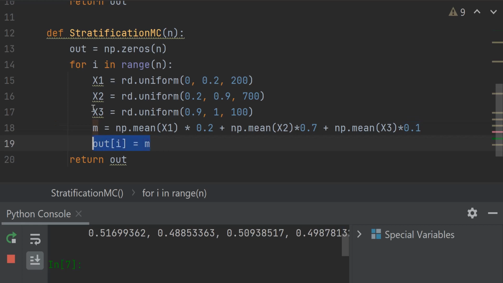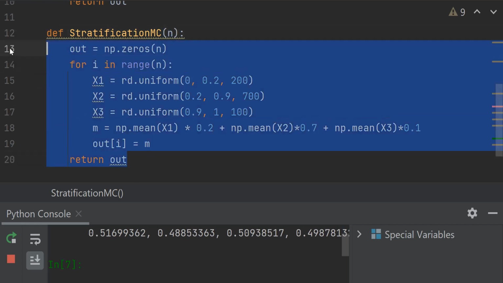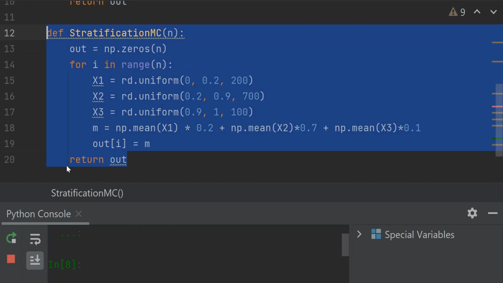And then once again, my out is simply a vector consisting of n different estimates. So if I run this one, we will see that if I just take 3 of these, they are also very close to 0.5.